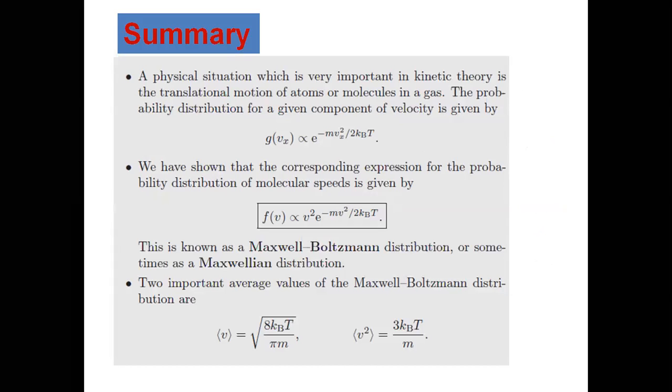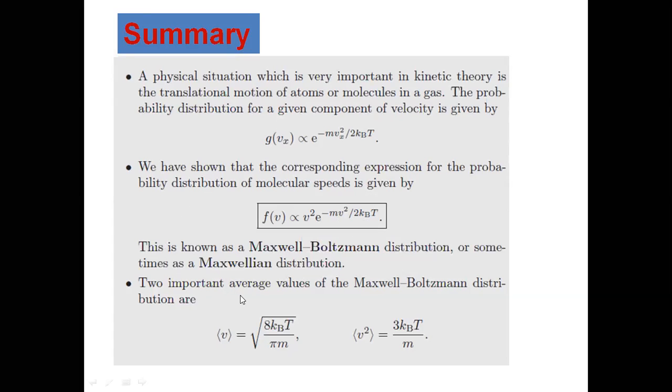The probability distribution for a given component of velocity is given by g(v_x), proportional to exponential of minus m v_x squared over 2 k_B T. And we have shown that the corresponding expression for the probability distribution of molecular speed is given by f(v), proportional to v squared exponential of minus m v squared over 2 k_B T. This is known as the Maxwell-Boltzmann distribution, or sometimes the Maxwellian distribution.